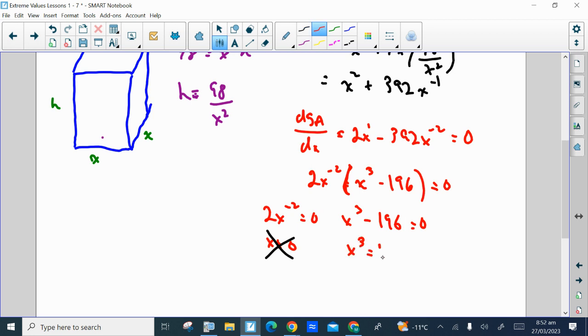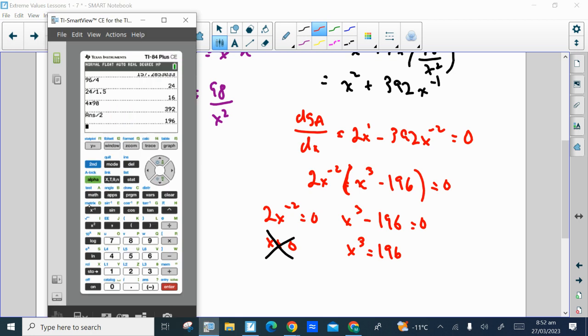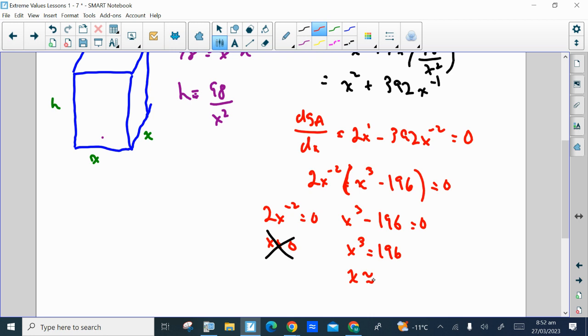So that's where x cubed equals 196, and then we take the cube root of both sides. The cube root of that previous answer is approximately 5.8 centimeters. That's what x is.